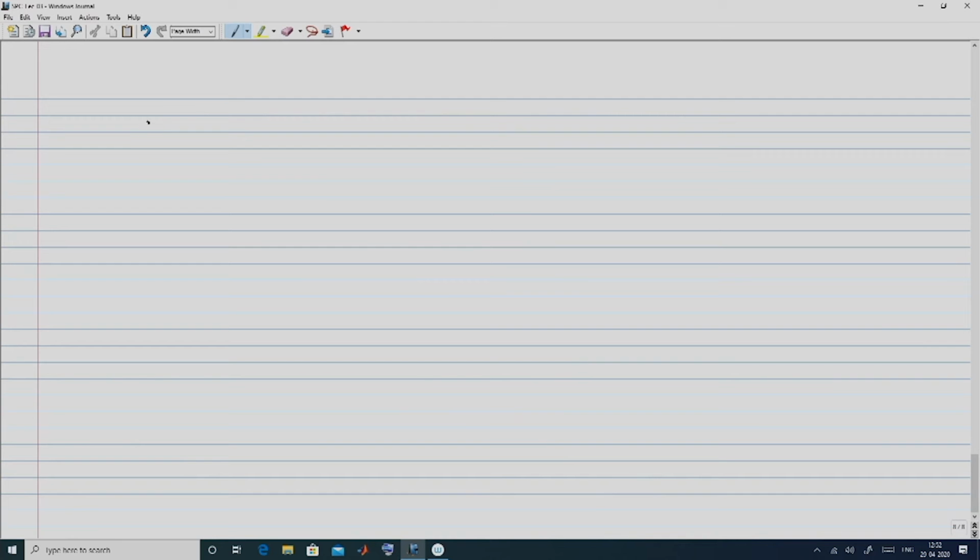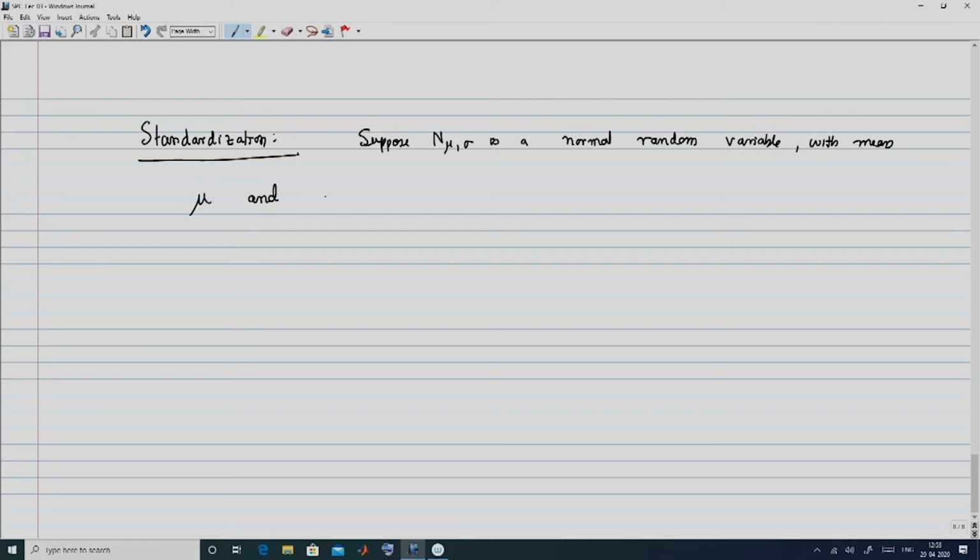So we now move on to an important fallout of the normal distribution, which is known as standardization. Let me motivate this in the following way. Suppose n mu sigma is a normal random variable, obviously with mean mu and variance sigma square.